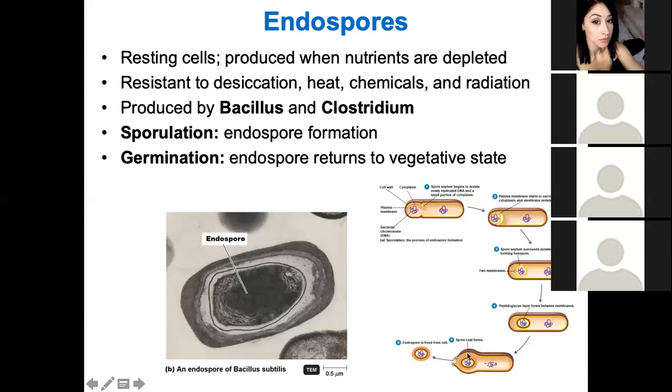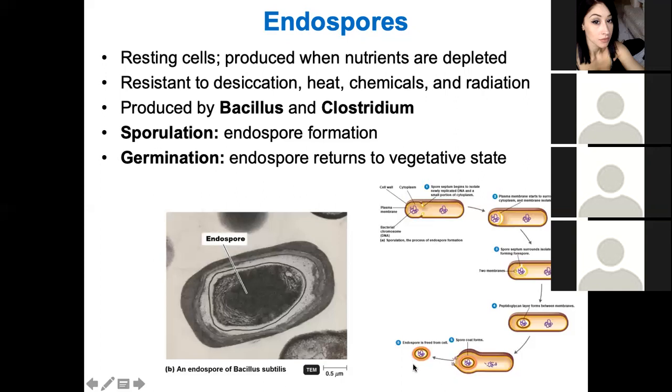Eventually the mother cell will die and release these spores. They're extremely small and very easily dispersed widely in the air, for example. This is one of the reasons why both Clostridium and Bacillus are very important as contaminants. They can very easily contaminate wounds. They also very easily contaminate equipment, hospital beds, hospital surfaces, and so on. The spores are very difficult to get rid of.